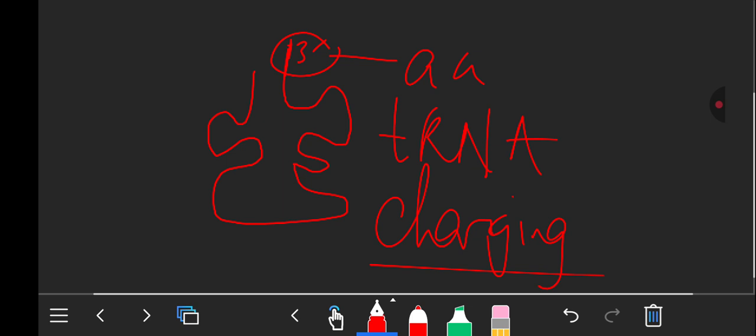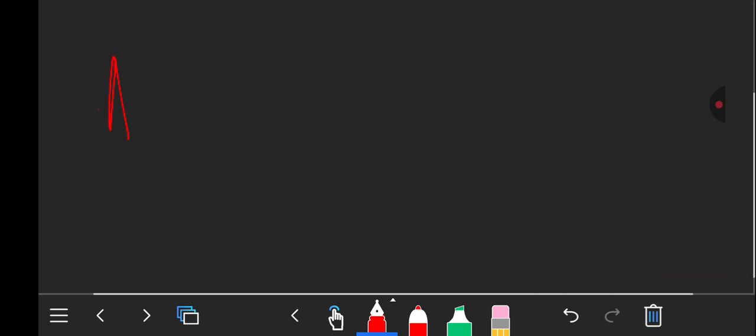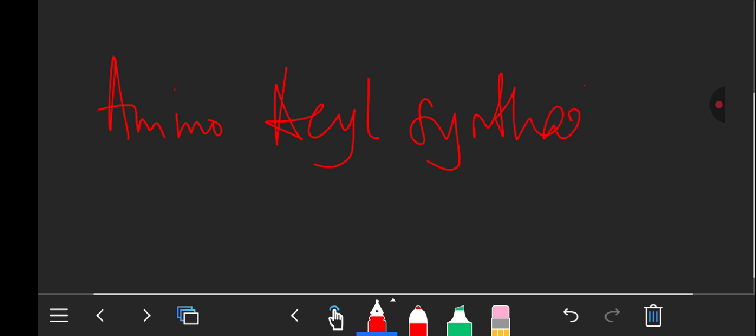It happens before translation commences. Some amino acid has to be added to this tRNA in order for it to be charged. And this happens by the assistance of a certain enzyme, called amino acid synthetase.